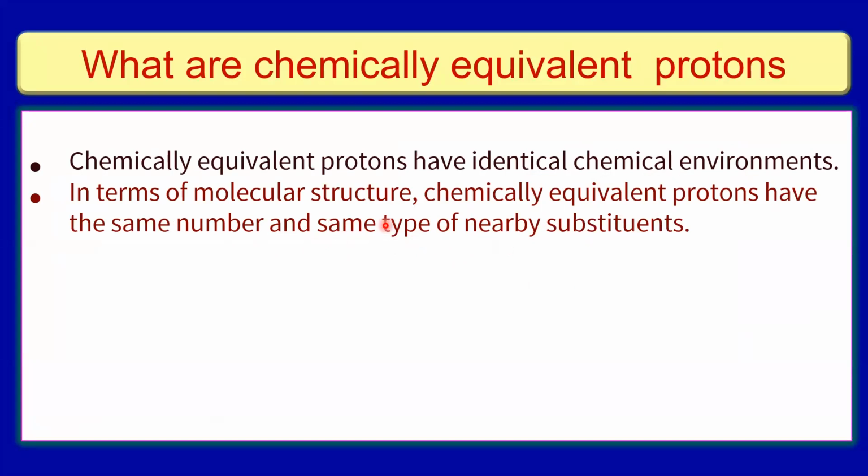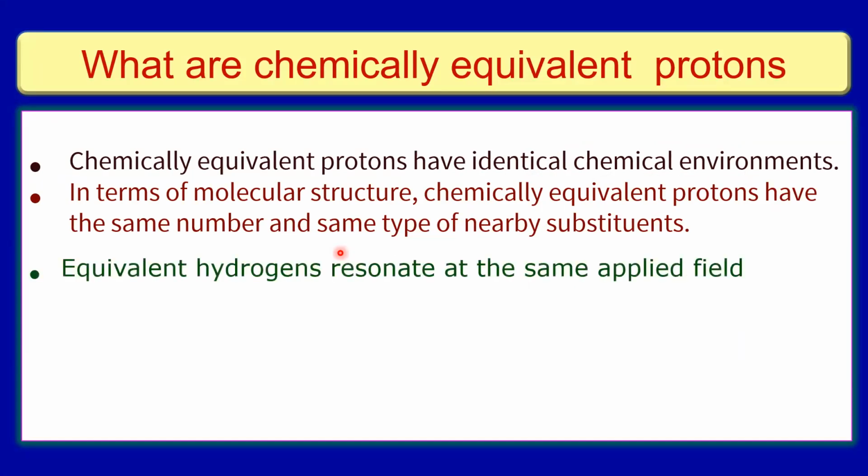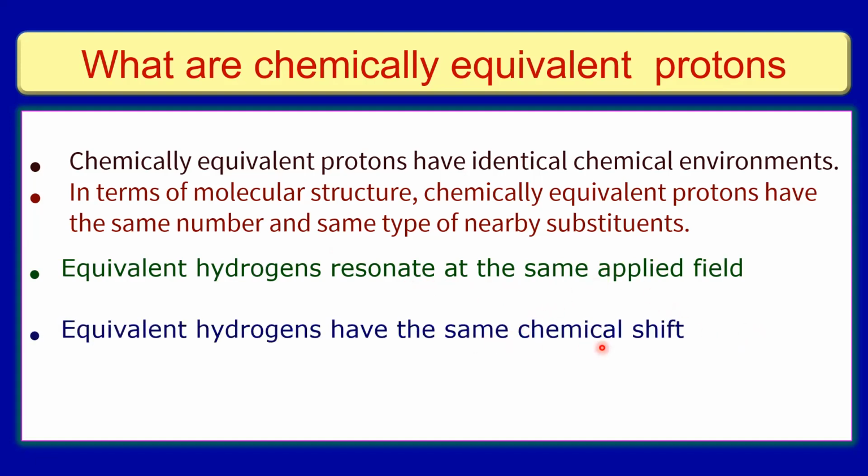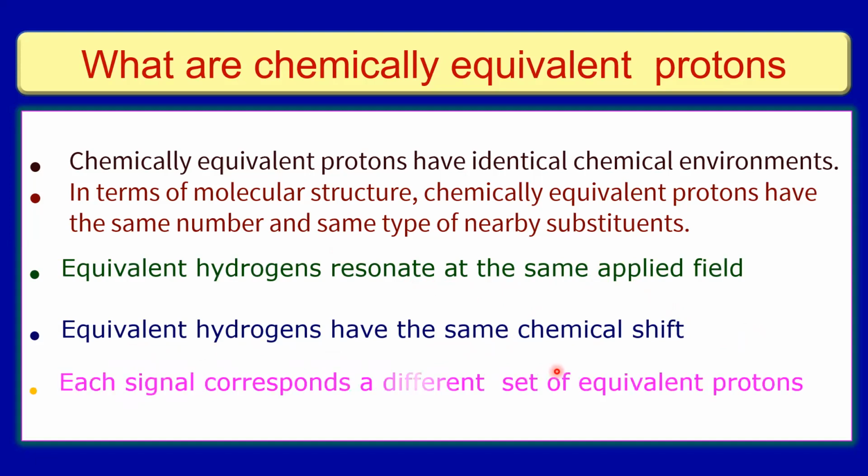So take a proton and look at the neighboring environment. If 2 protons have an equivalent environment, then you can say those protons are equivalent. So they will resonate in the same applied field. This we'll discuss when we discuss the instrumentation part and also chemical shift, at a later stage. At the moment, you can fix that equivalent hydrogens have the same chemical shift.